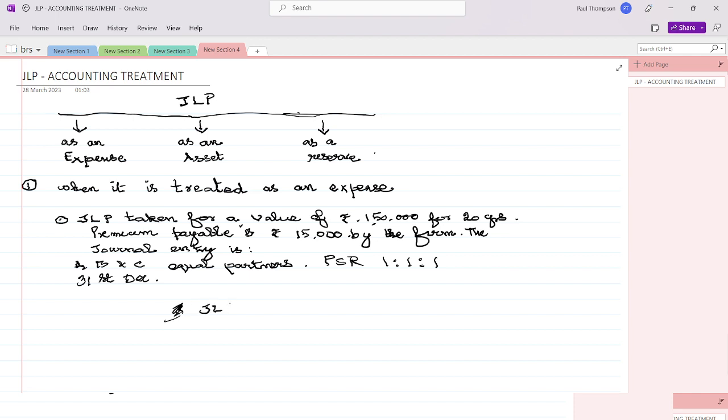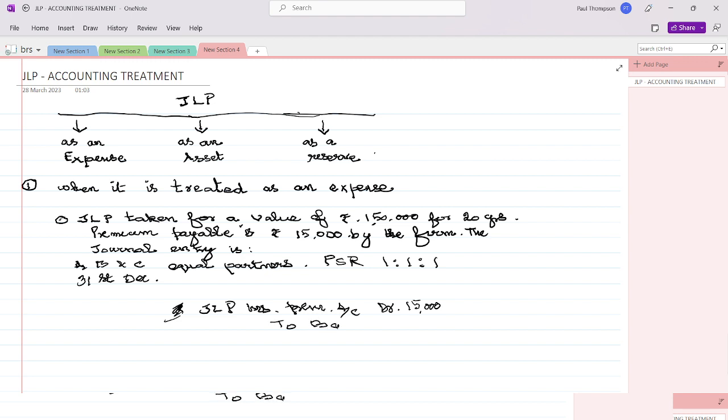JLP insurance premium account, debit, 15,000, because there is a cash outflow of 15,000. I have to credit the bank account. Okay, to bank account.